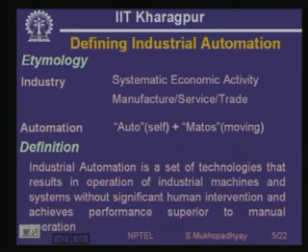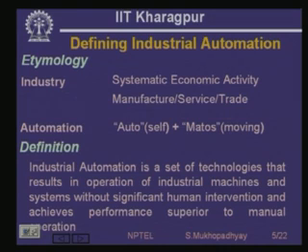So, the definition of automation says, as I read, that industrial automation is a set of technologies that results in operation of industrial machines and systems without significant human intervention, number one. That is the meaning which is embedded in the term self moving. So, it does not require too much operator intervention, and more than that, it achieves performance which is superior to manual operation.